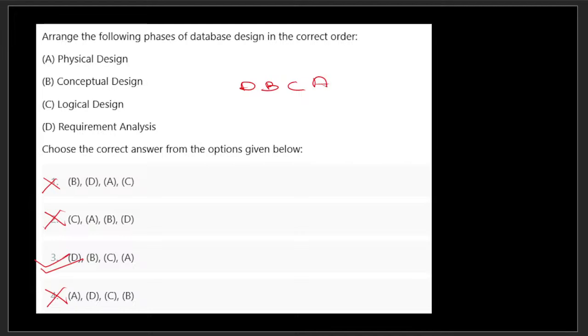A is there, which is physical design. The final phase involves creating the actual database schema. This includes defining the storage structures, indexing strategies, and other performance optimizations for the specific DBMS being used. Okay everyone, so that is why 3 is the correct answer here.